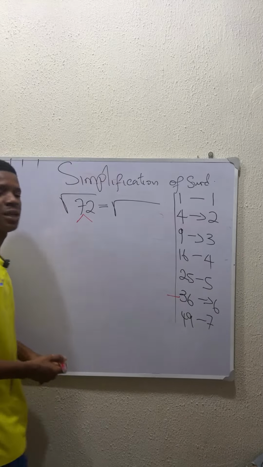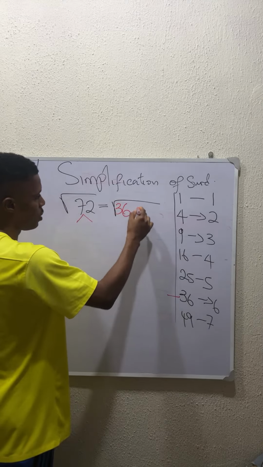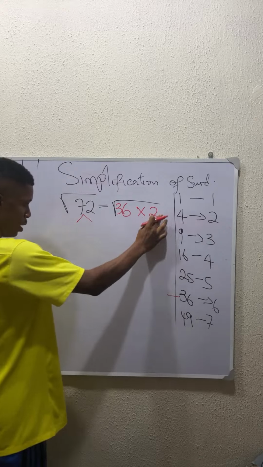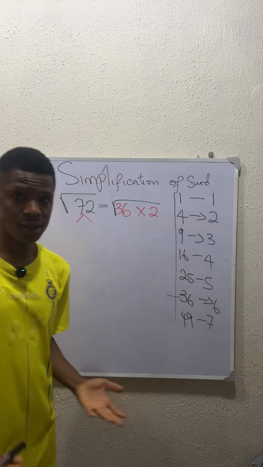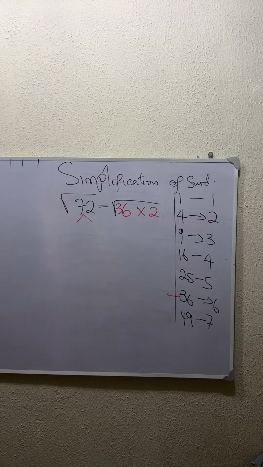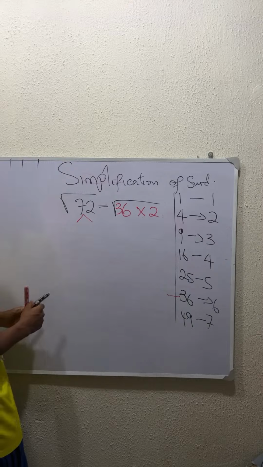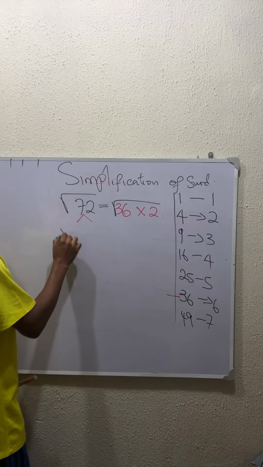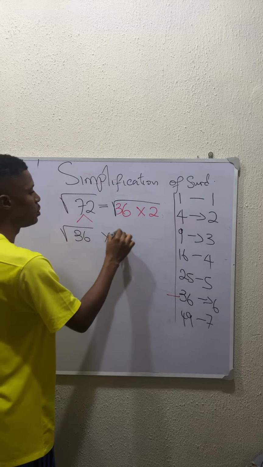It is 36. And when you double 36, you are going to get 72. The 2 is not a perfect square, but 36 is a perfect square. So you observe that nothing has changed. Since you have that, you have to split.